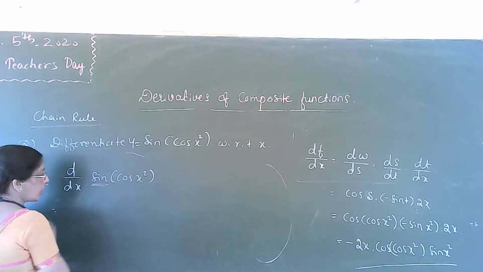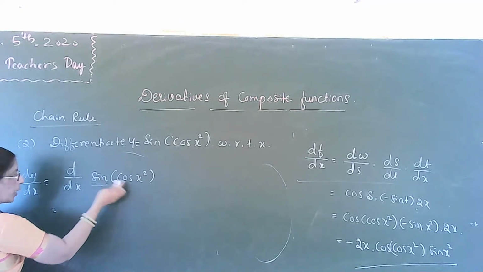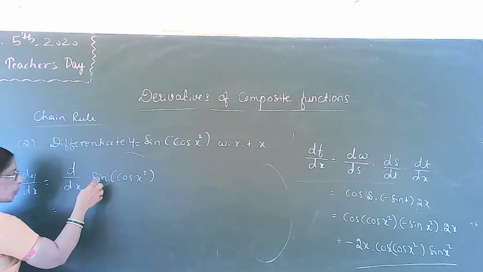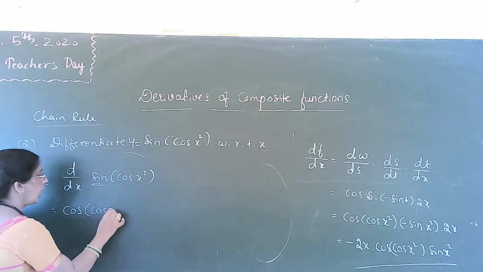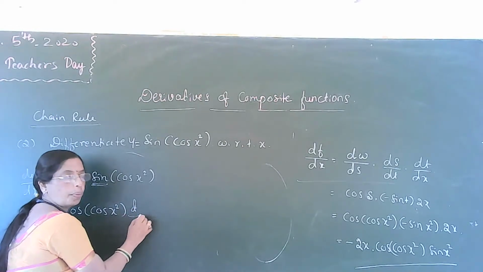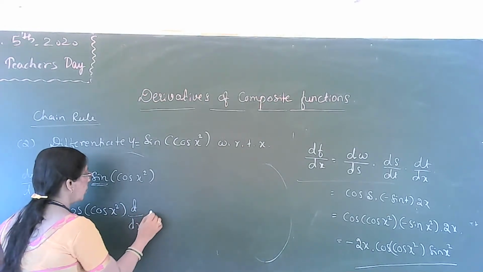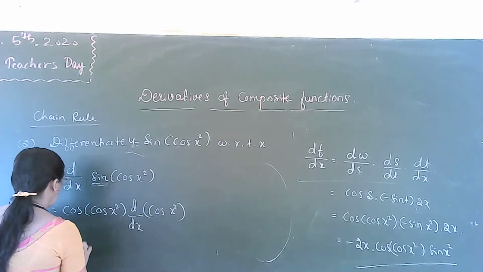Here, find the derivative of the first, sin of cos of x square. The derivative of sin is cos of cos x square. Then find the derivative of d by dx of x square.